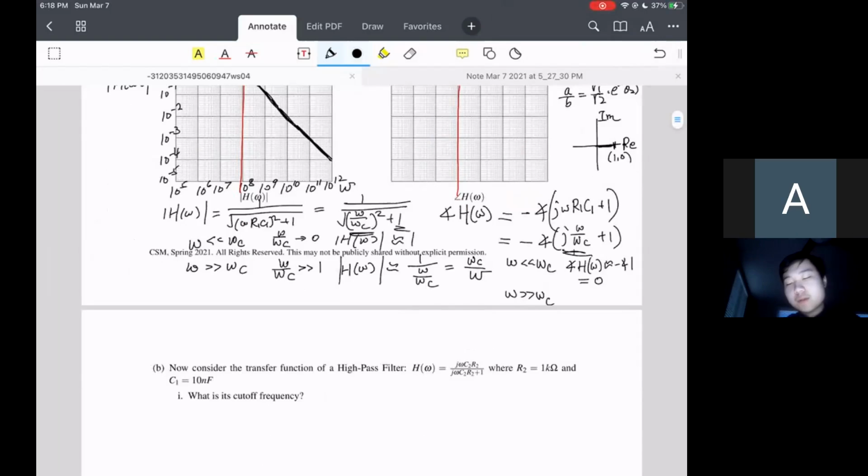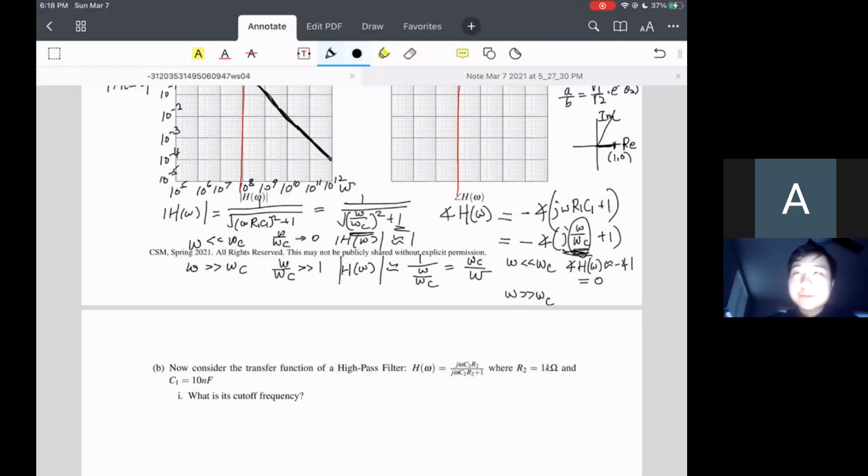Okay, so when omega is way larger than omega c, that's an assumption that we make when we are drawing the Bode plots. We still try to find its coordinates within the coordinate system. We see that omega over omega c, the imaginary part, is going to be very large, so it's going to look something like this.